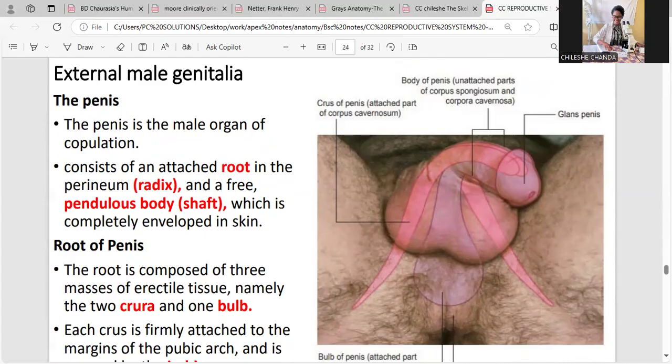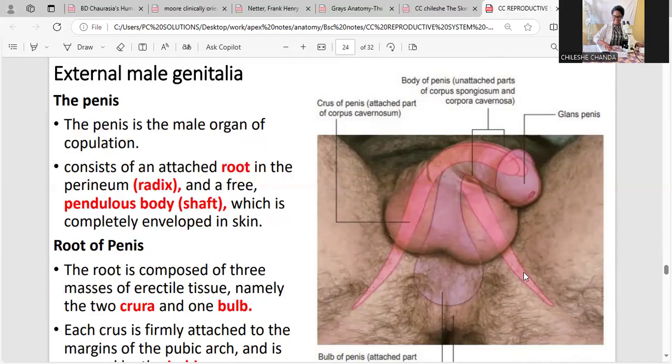So the penis is the male organ of copulation. It consists of an attached root in the perineum and a free pendulous body, which is completely enveloped by skin. So we have this part which is attached, and these are showing what is inside.